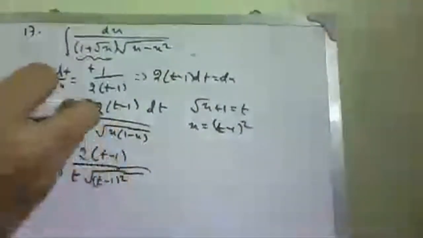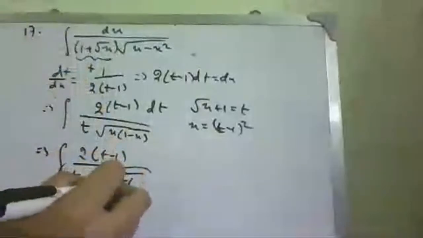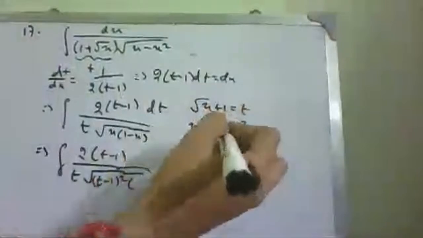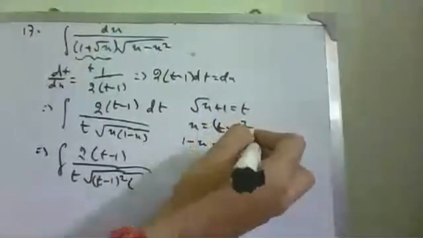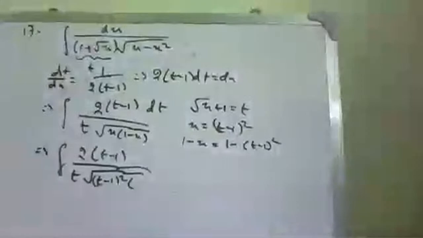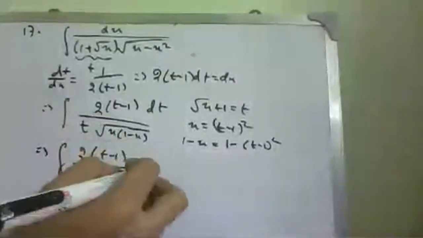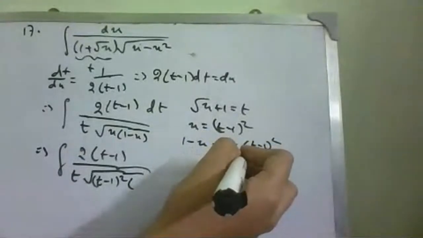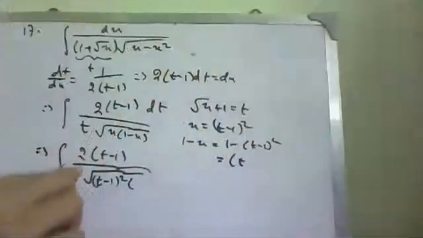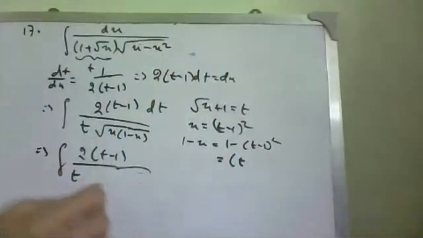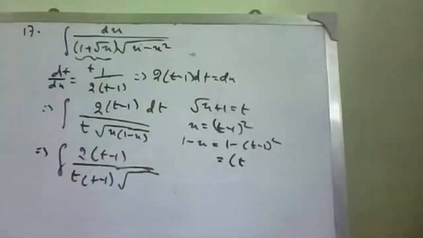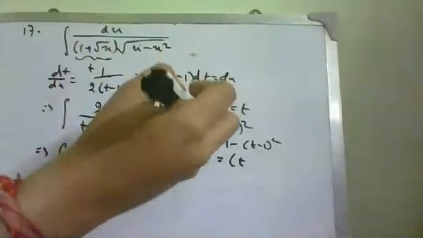So if x is t minus 1 squared, what is 1 minus x? 1 minus x is 1 minus t minus 1 squared. And if you just take this t minus 1 thing out, what is left is 1 minus x. So what is basically 1 minus x?